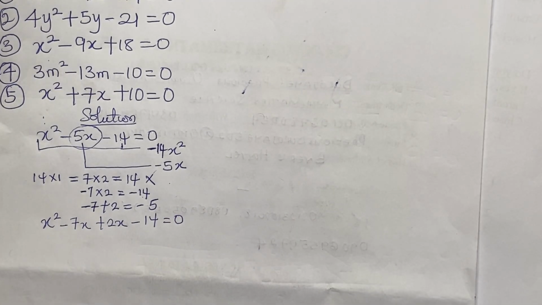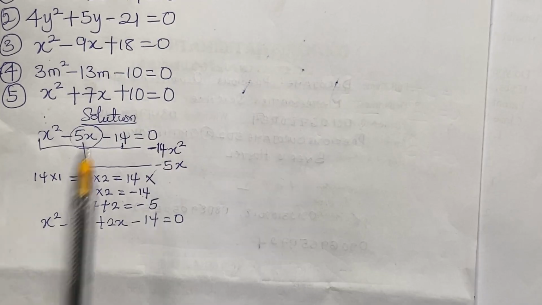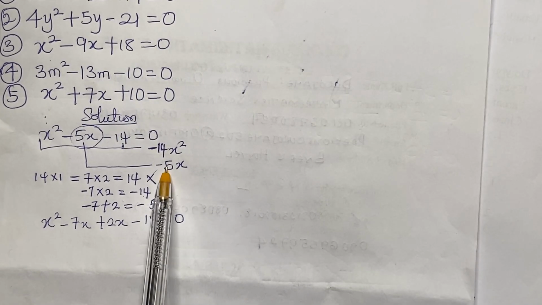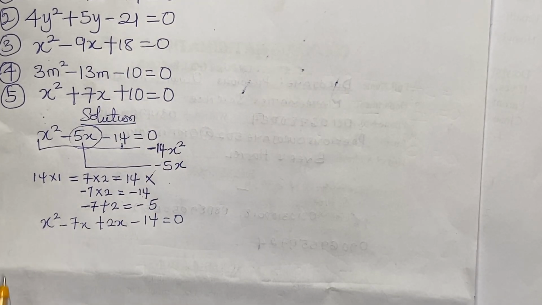Do you understand that? Let me explain that part. You think of two numbers that when you multiply them together, you get minus 14, and when you add them together, you get minus 5. The factors of 14 are 14 and 1. We automatically know that 14 times 1 is 14, but 14 plus 1 will not give us minus 5, so I did not bother to use that. Then 7 times 2 is 14, but 7 plus 2 will give us 9, so I can't use that.